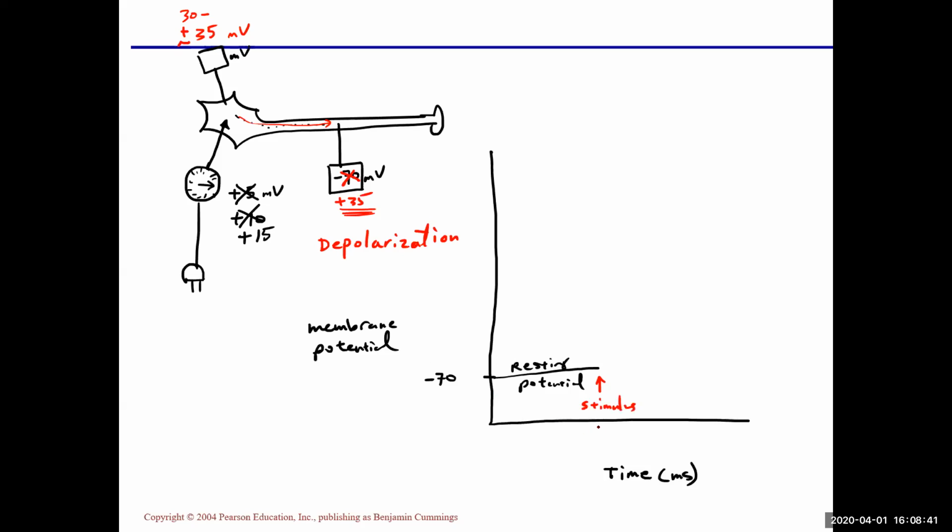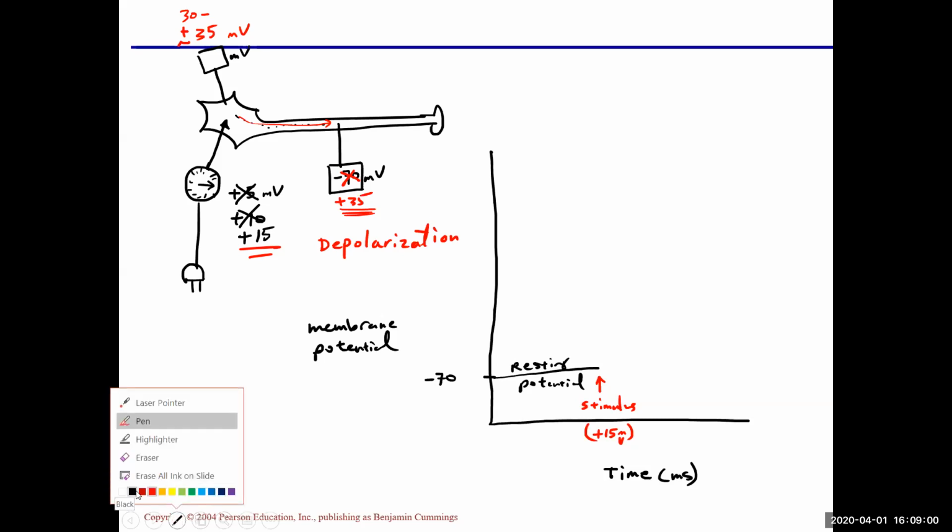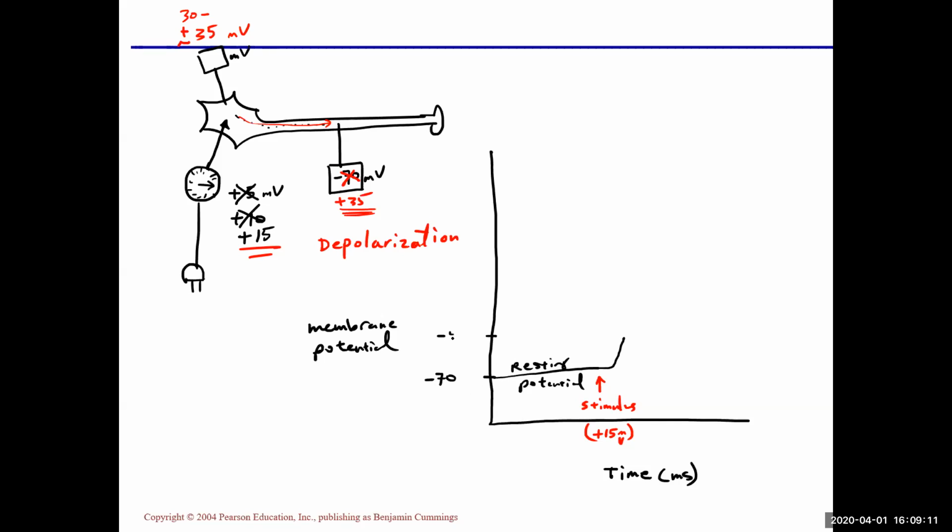In this case, we zap it with +15 millivolts, and what happened is it might take a little bit, and it reaches -55, because -70 plus 15 gives me -55.